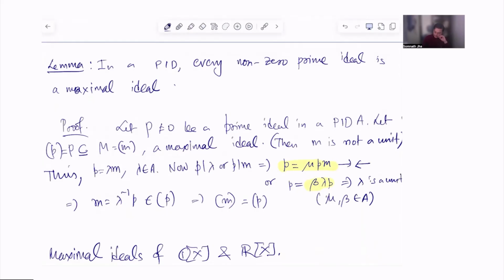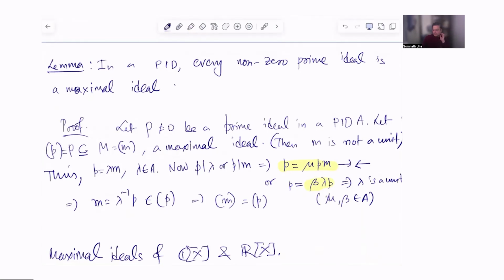So lambda is a unit or mu is a unit in this case, right? In this case, m is a unit, that's not possible. If P divides lambda, then we put lambda equal to mu P for some mu in A. So P equals mu times P m, so you cancel P from both sides, right?